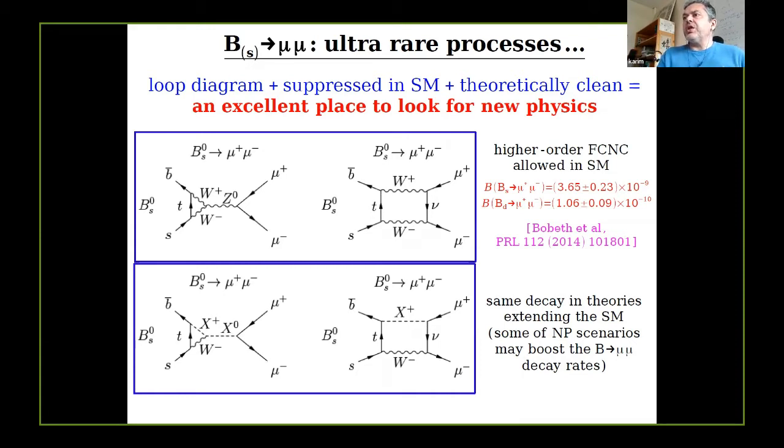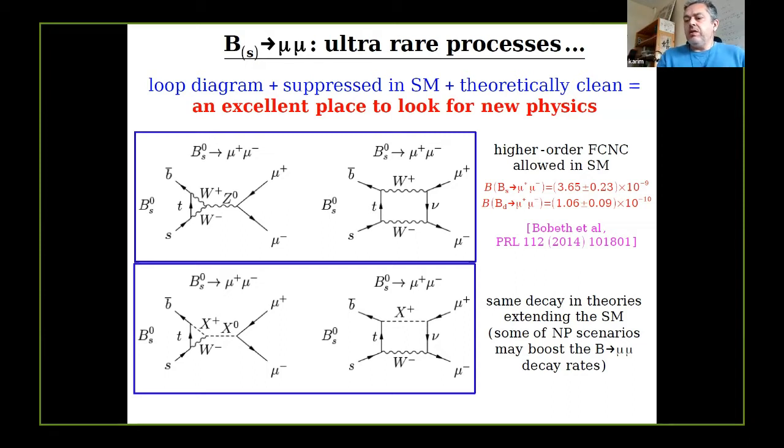The branching ratio of B to S gamma was in 10⁻⁴ for the exclusive decays. And here, for example, B_s to mu mu, which was one of the main first goals of LHCb, the golden mode of LHCb, we talk about 10⁻⁹, so you can see.